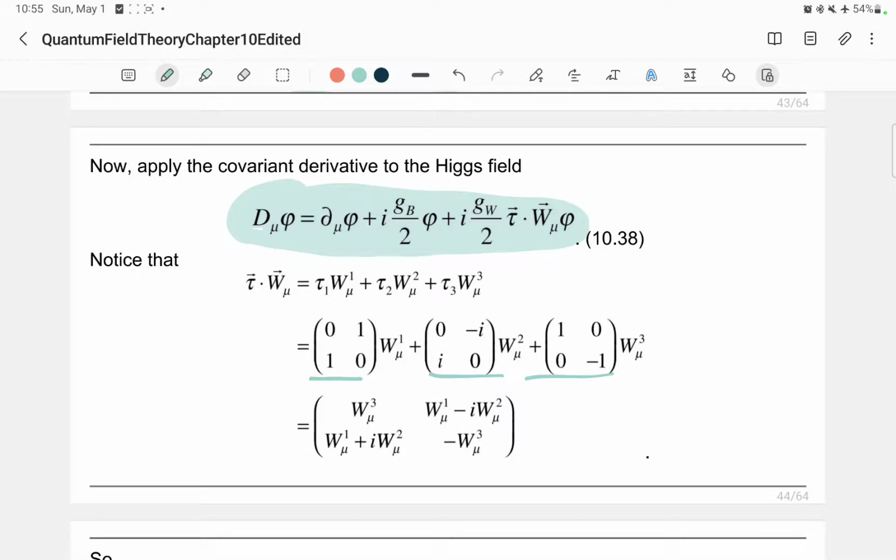And so we will have this as the matrix, the product of tau and W mu.